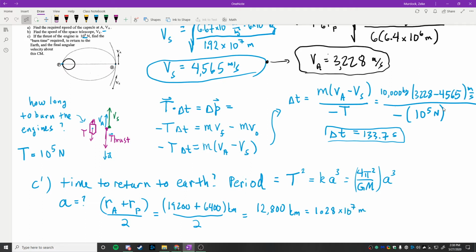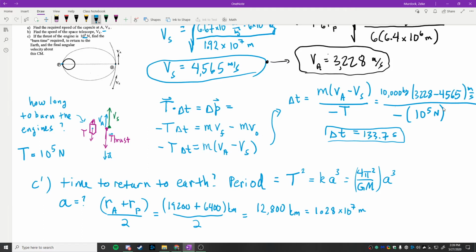Is that right? Yeah, 1.28 times 10 to the 7 meters. Something that's just kind of nicer about kilometers, but whatever.